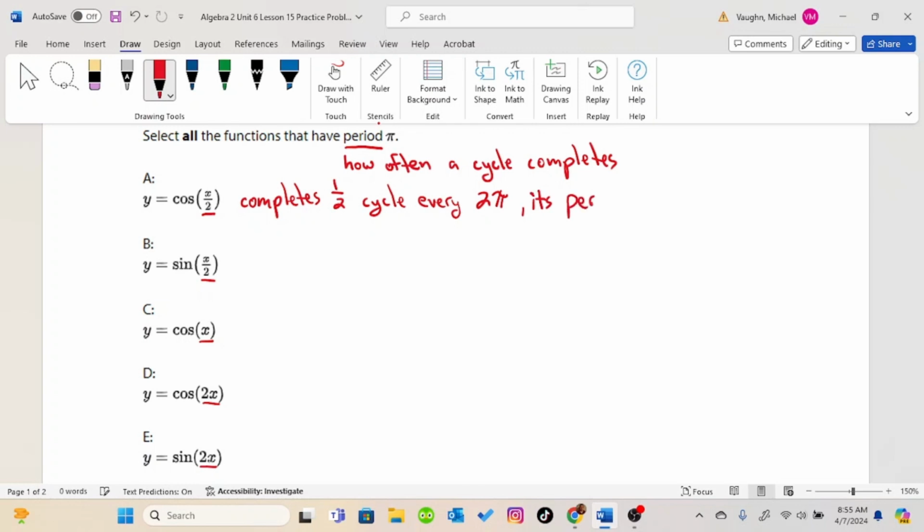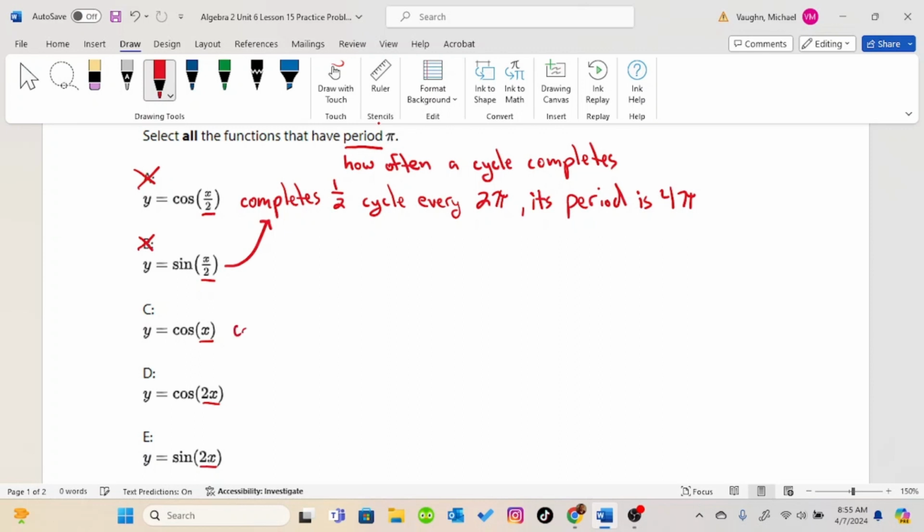Its period is 4 pi. And B does the same. So it's not A and it's not B.